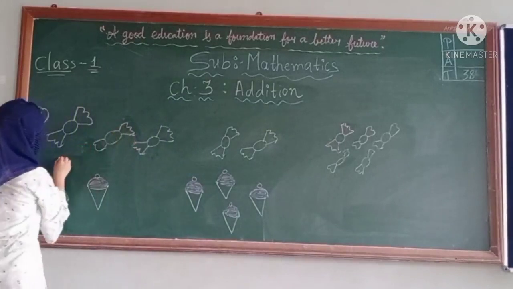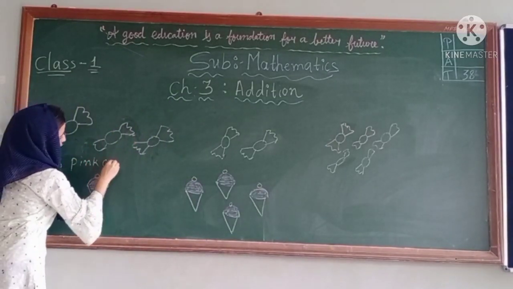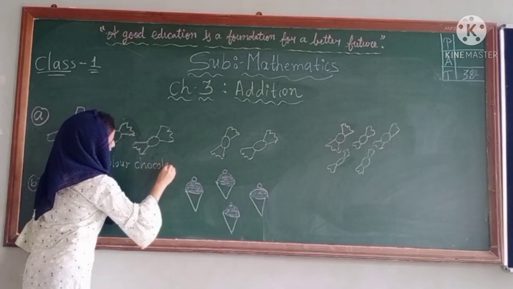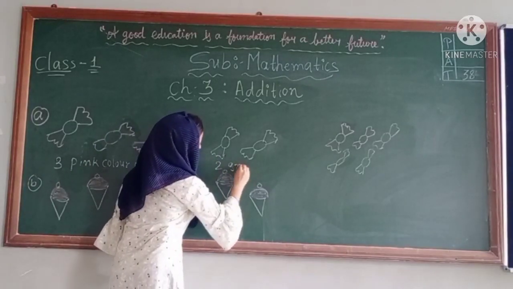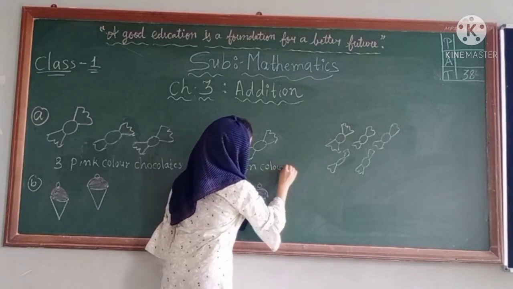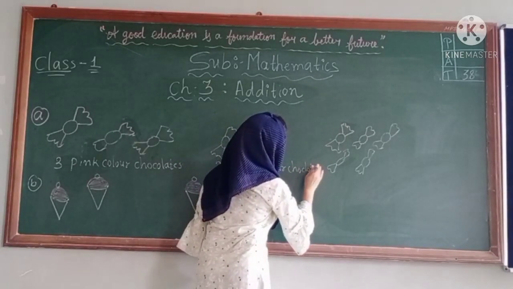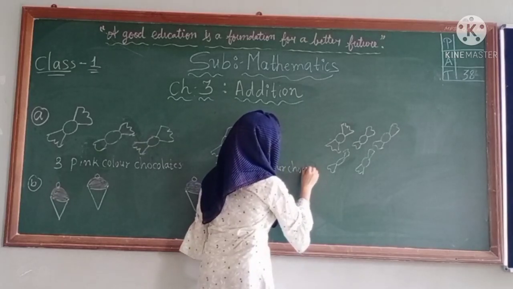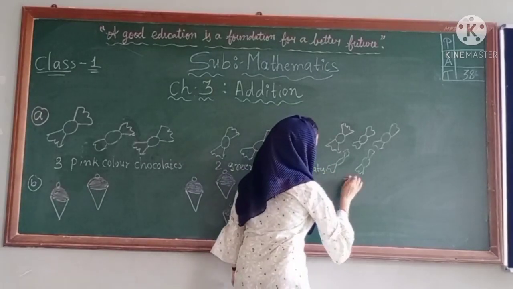Right? Now we will count and find out the total chocolates. So first 3 pink color chocolates, right? Then 2 green color, and we will see here the total.